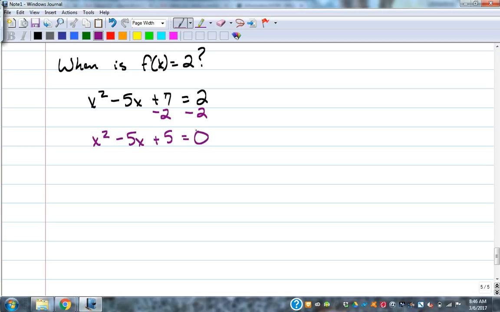And then what are our options? Factoring doesn't work. There's nothing that multiplies to be 5 and adds to be negative 5. The quadratic formula is the way I would go about that.